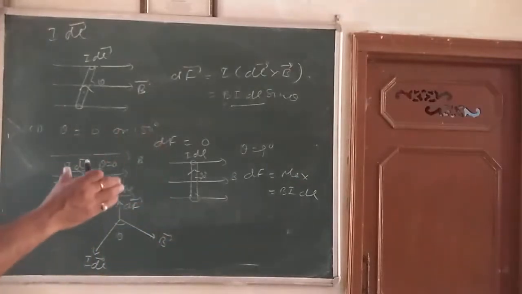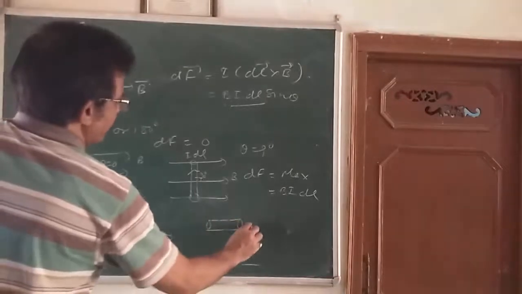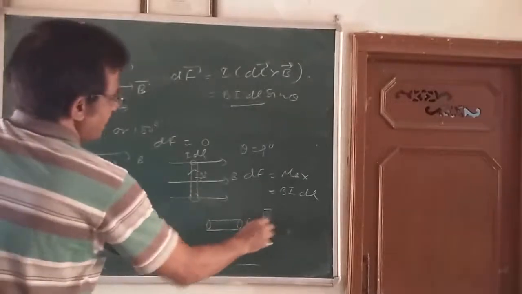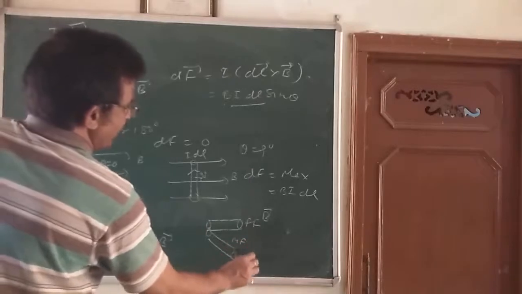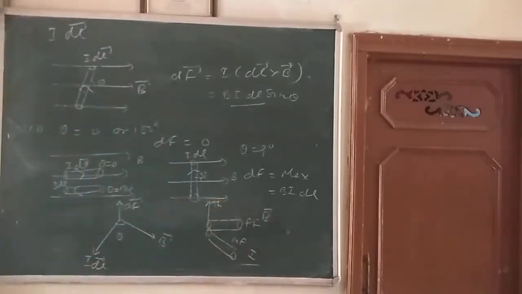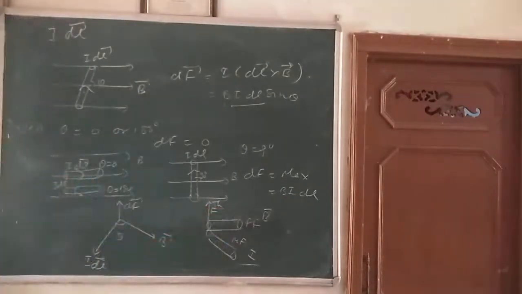What is the Fleming left hand rule? First, suppose it is our first finger, that gives the direction of magnetic field. The middle finger gives the direction of current. Then the thumb will give the direction of force.